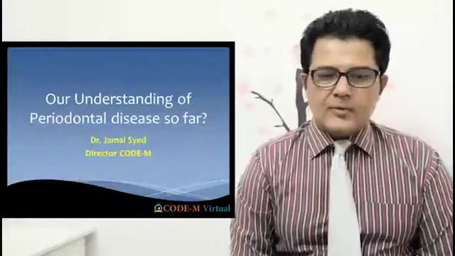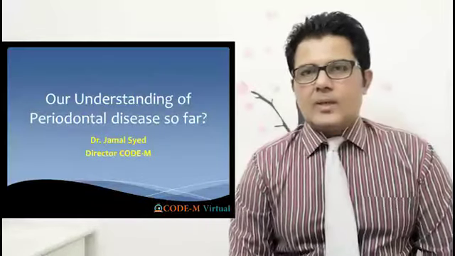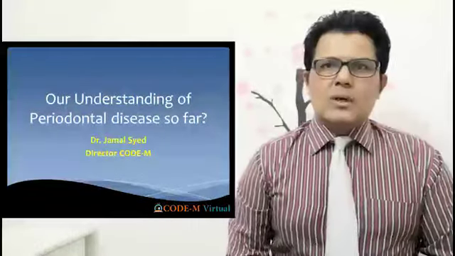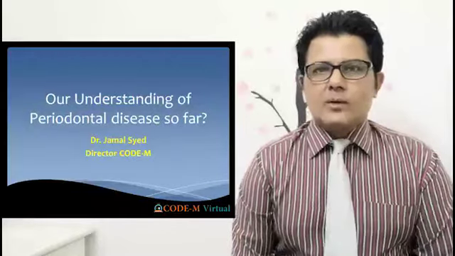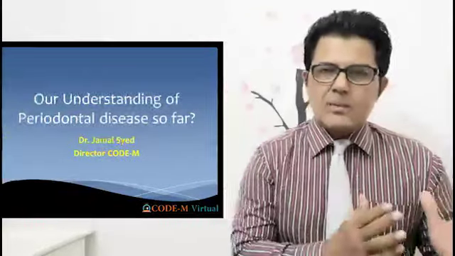Now, what is our understanding of periodontal disease so far? Whatever knowledge we have regarding periodontal disease is that there is gingivitis and there is periodontitis, but in the last classification of 1999 there were some shortcomings, and it was almost a decade that there was a need for a new classification.